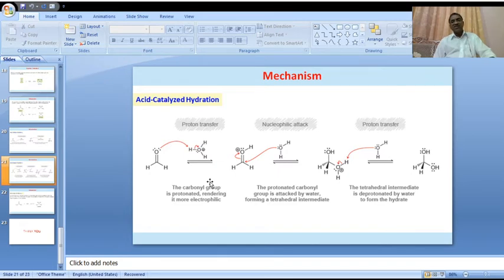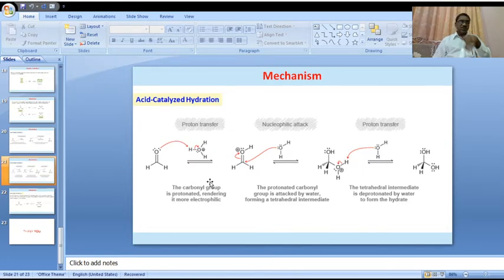In the first stage, please observe, it is a proton transfer stage, the second stage is nucleophilic attack, and the last, third stage is another proton transfer stage. In these three stages, the reaction proceeds under acid catalyzed hydration.